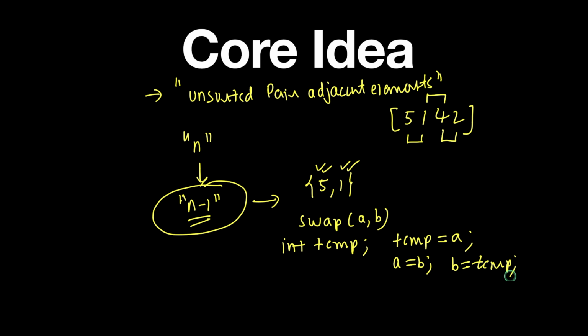And what you will see in the next example, the visualization, is that at every stage, the largest element will make its way towards the right hand side of the array, to its intended location, right? So the name comes from this fact that the largest element seems to bubble away towards the right to its correct location. So that is how the algorithm got the name of bubble sort. So now let's head into the visualization and I'll explain at every step what happens.